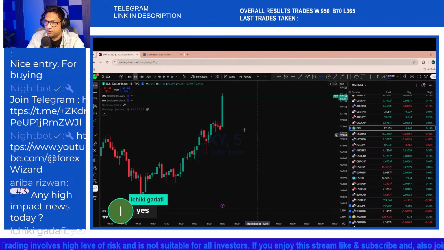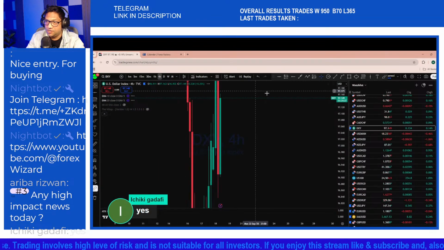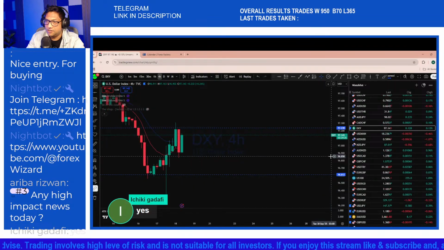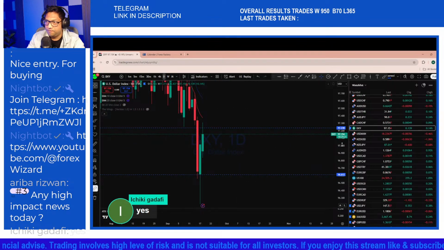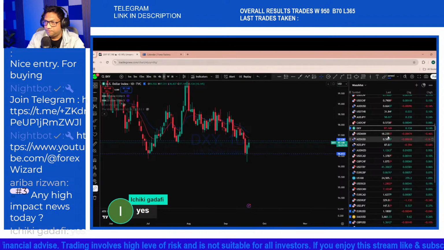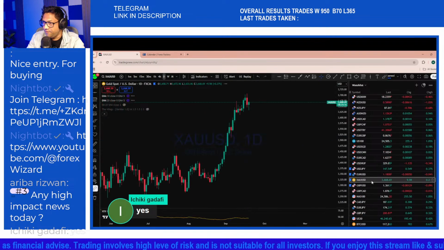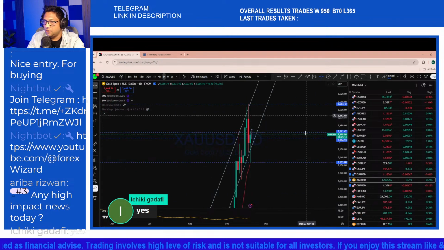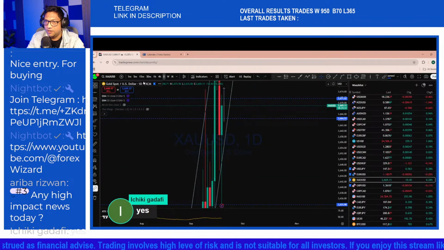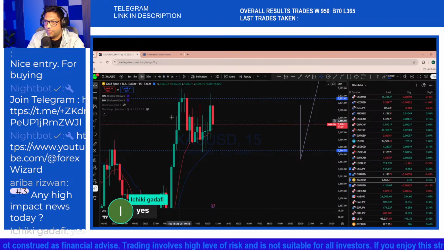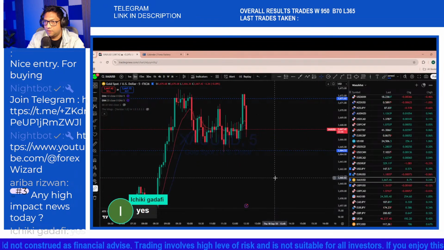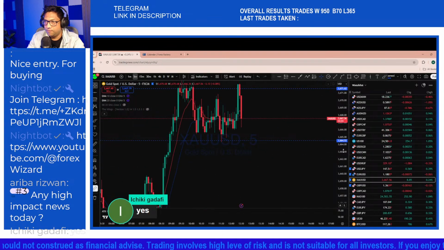After this long bearish move, the market has momentum here, and that reflection on gold is potentially to the downside in the short term, and it has already dropped well below.